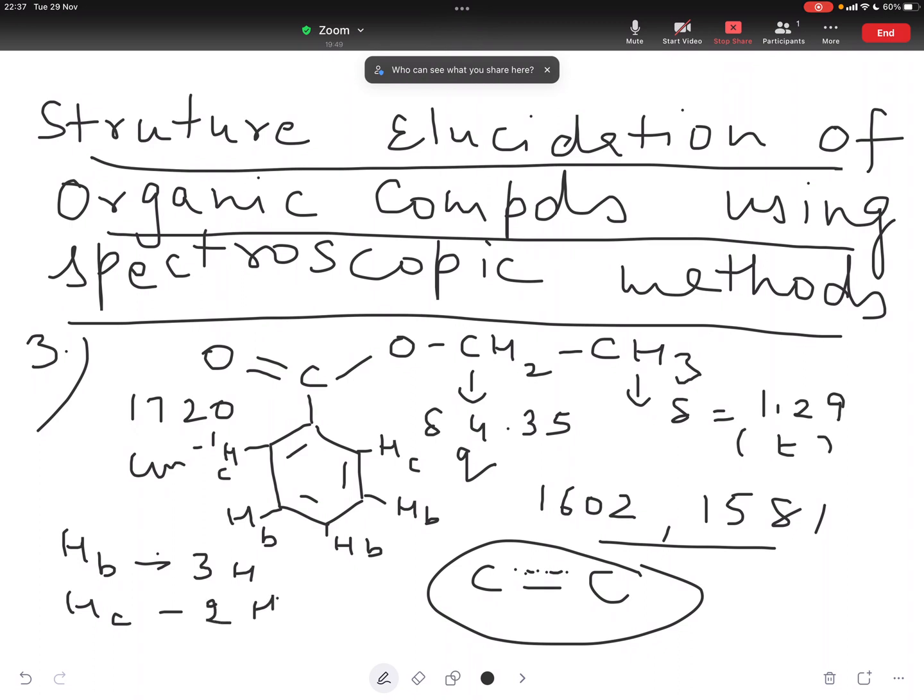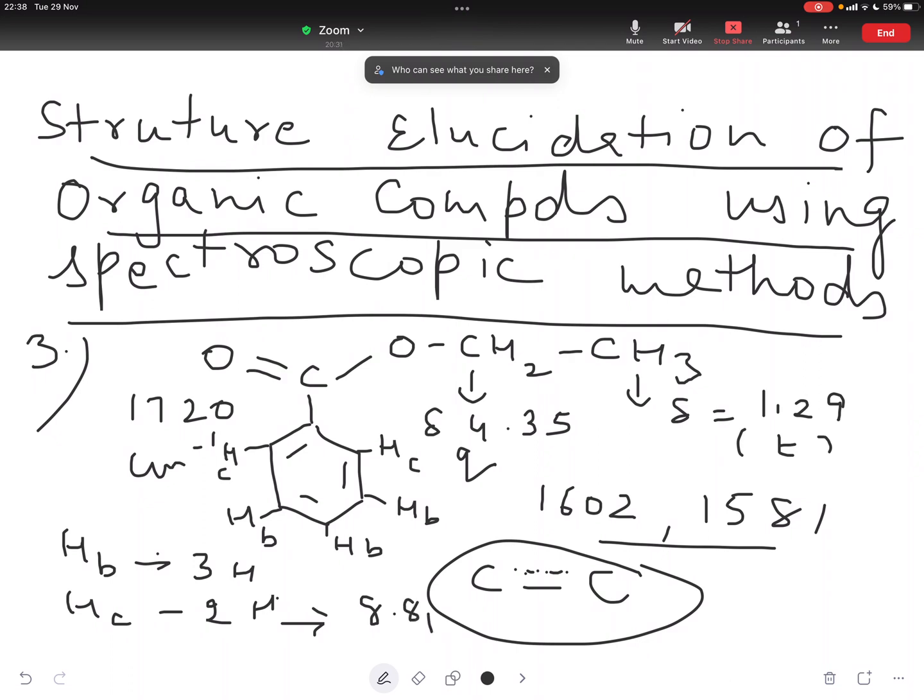Ortho protons C are deshielded by the diamagnetic anisotropic effect of C double bond O. So the downfield signal is obtained by the C type of protons. So due to C protons we get a signal at 8.81.